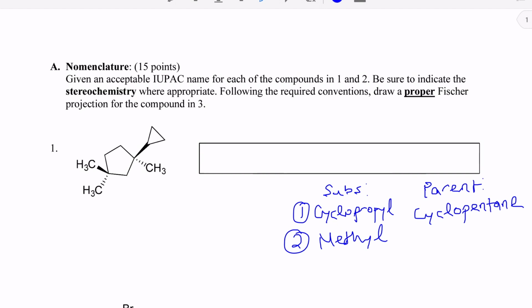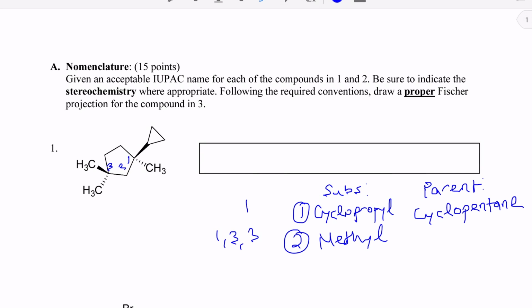That's how we are going to do our numbering then: 1, 2, and 3. With that in mind, we can already list out what our numbering for each of these is. So there would be 1, 3, 3, and 1 for cyclopropyl.